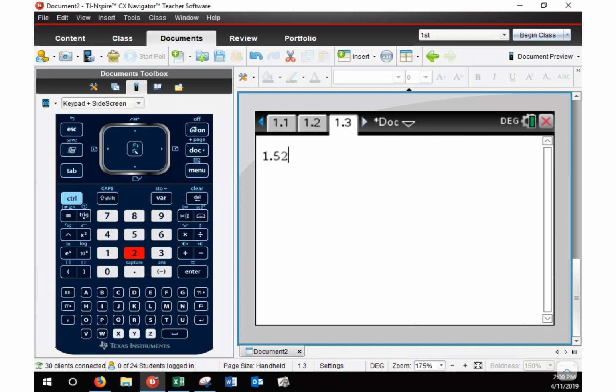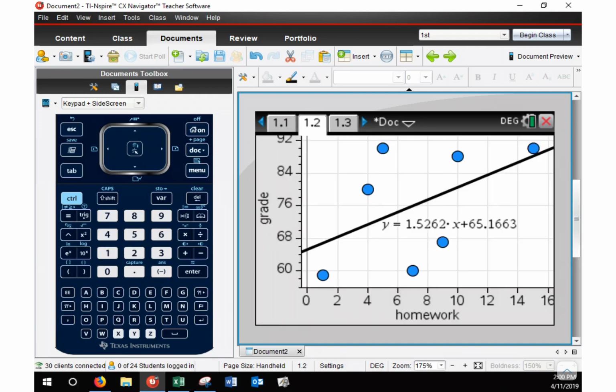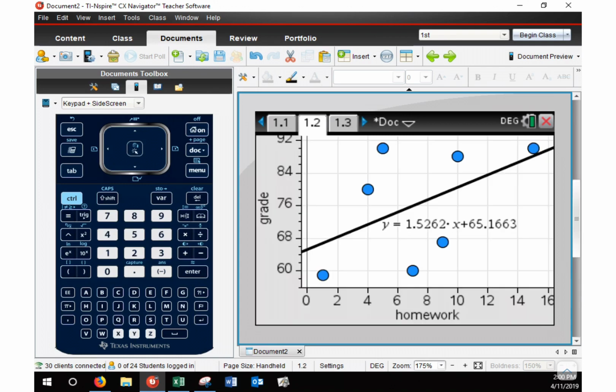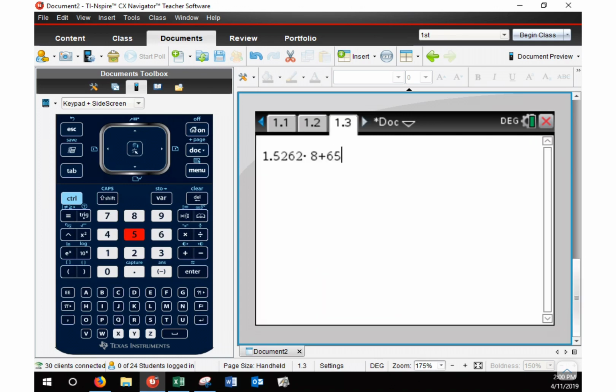So 1.5262 times x, where x is 8 assignments, and then we add to that 65.1663. Hit enter. So our grade should be about 77%, and we could round that to 77.4% if we wanted to. So there we go on our second one.